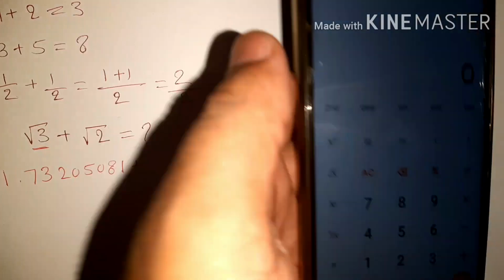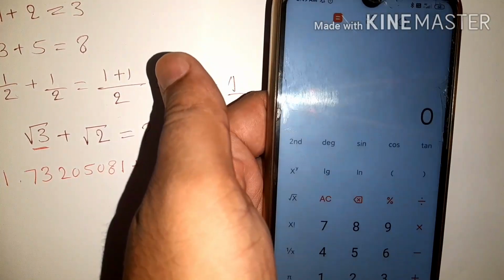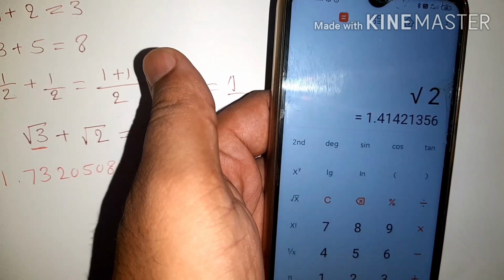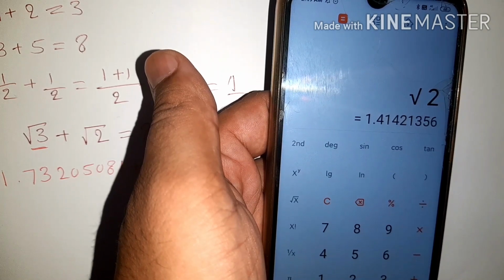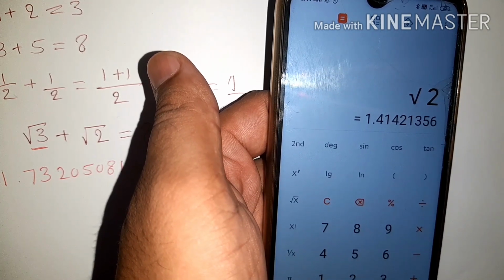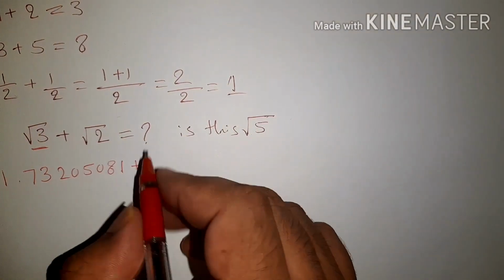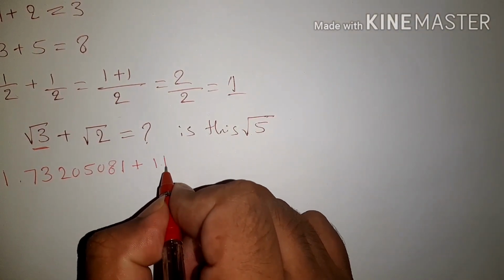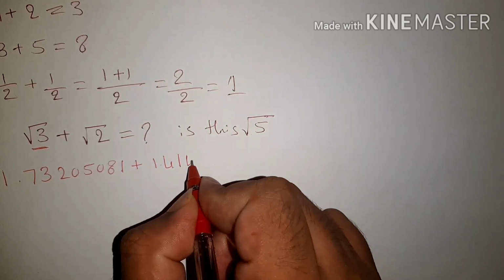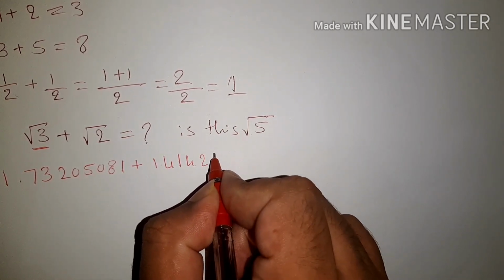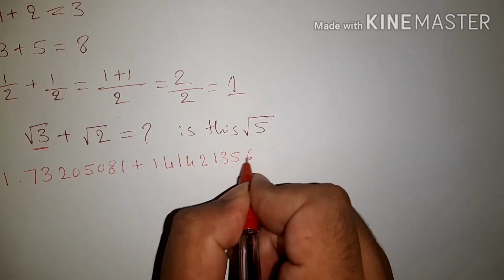On the calculator, it's the square root of 2. The value of it, they are showing an end, but there is no end for it. It will go on for long. Square root of 2 is 1.4142, 1356.